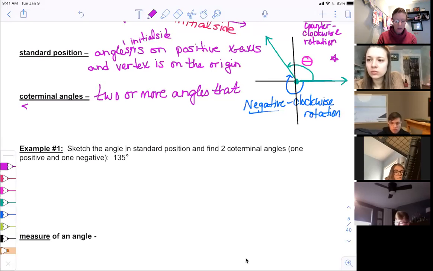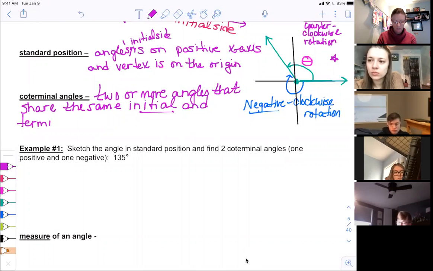I'm going to use correct terminology here. So it could be two, and it could be more than two, but they are together.